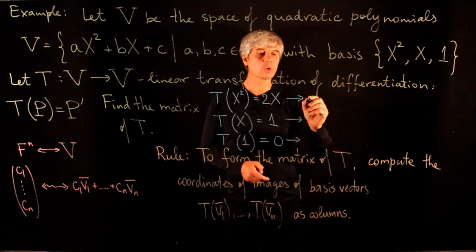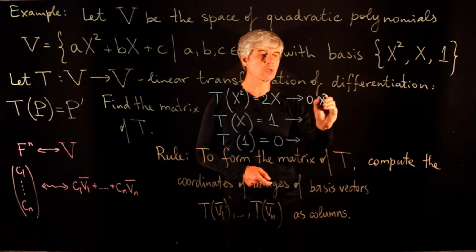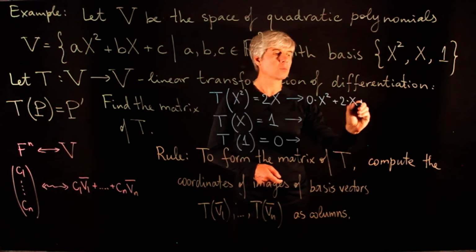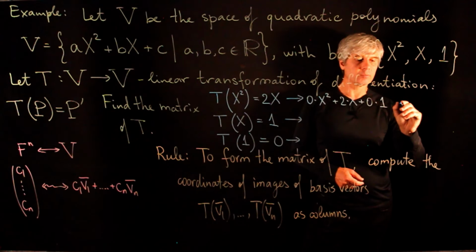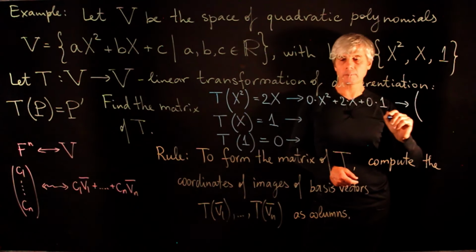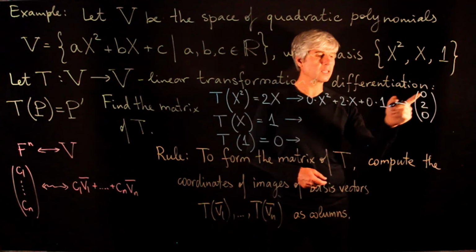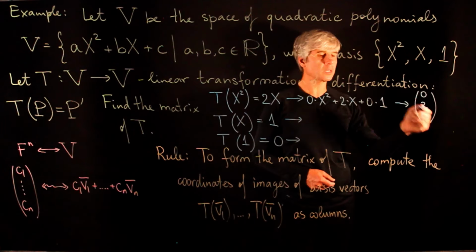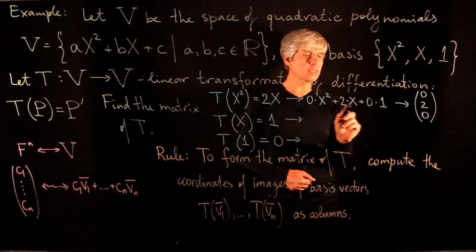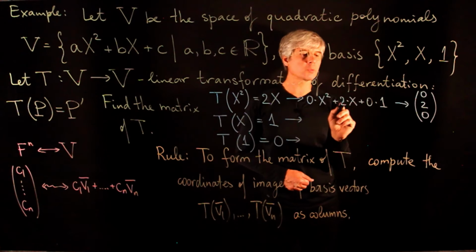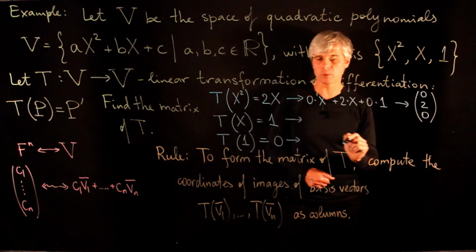So what are these coordinates? 2x can be written as 0 times x squared plus 2 times x plus 0 times 1. So this becomes a vector 0, 2, 0. These are the coefficients. To compute the coordinates, we extract coefficients of the expansion of the given vector as a linear combination of basis vectors. So 0 x squared plus 2x plus 0 times 1 gives us a column vector 0, 2, 0.